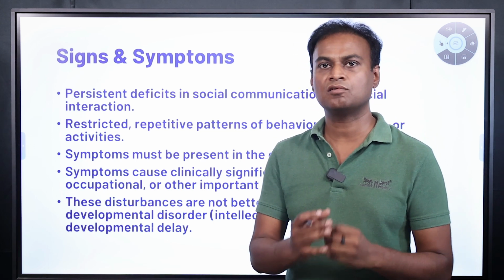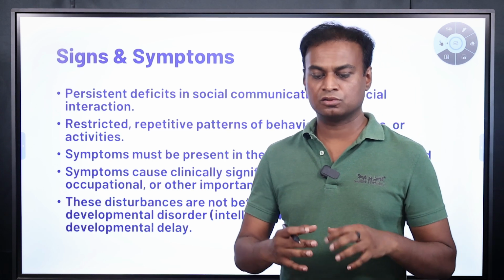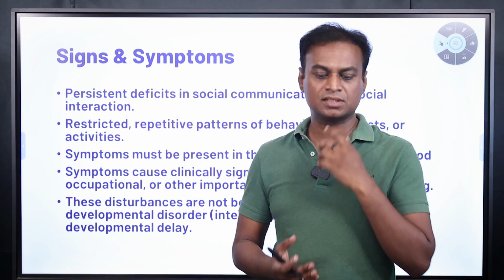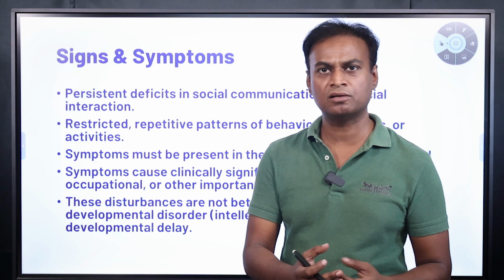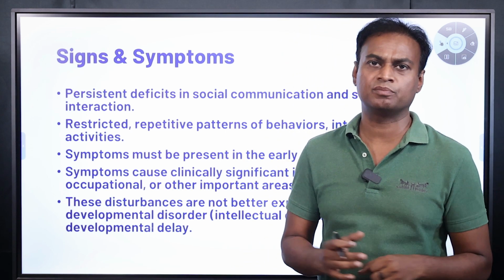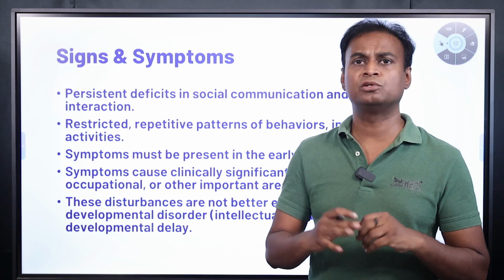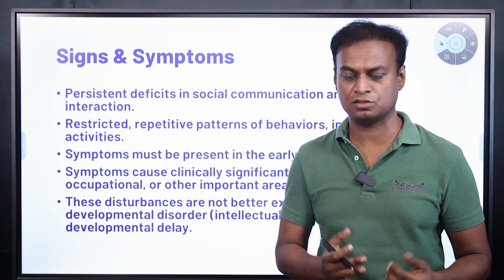But these kids have abnormal sensory habits or sensory repetitions. It can be a sound, or pain, or temperature. Normally when you prick with a small pin, it will not be very painful, right? But these kids, when you prick with a pin, feel huge pain. They are hypersensitive to pain.